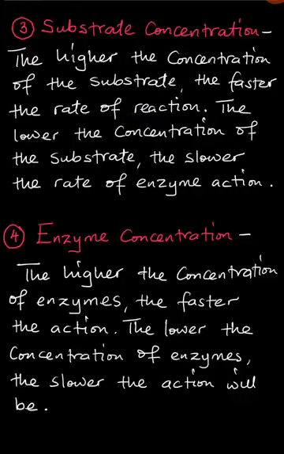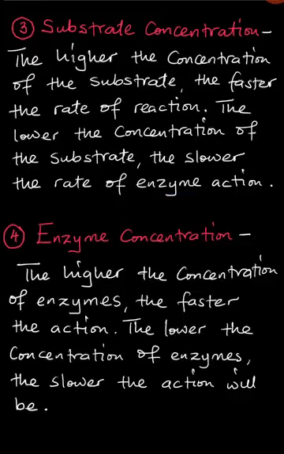In other words, the speed at which an enzyme will be working when the substrate concentration is high is much faster. In contrast, when the concentration of substrate is lower, enzymes will work much slower. So the lower the substrate concentration, the slower the rate of enzyme action.